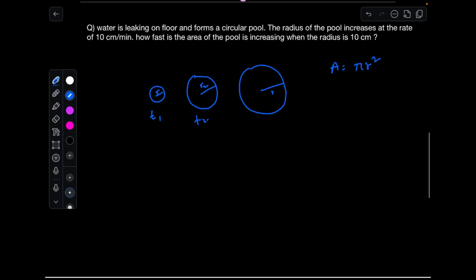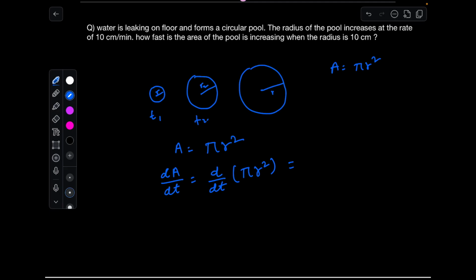So we know the formula: area is equal to pi r square. Now we want to find out, at a particular moment in time, how fast the area is increasing. So we will differentiate both sides with respect to the variable time. So dA over dt is equal to d over dt of pi r square.